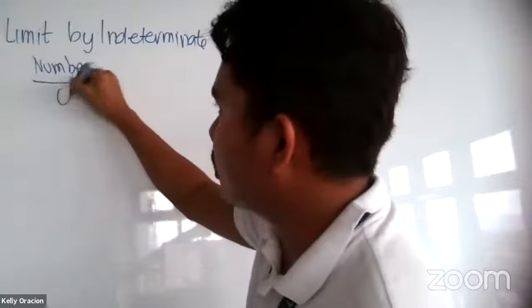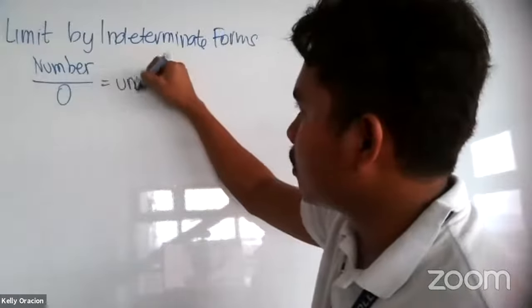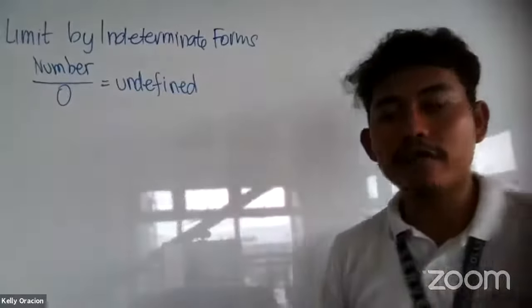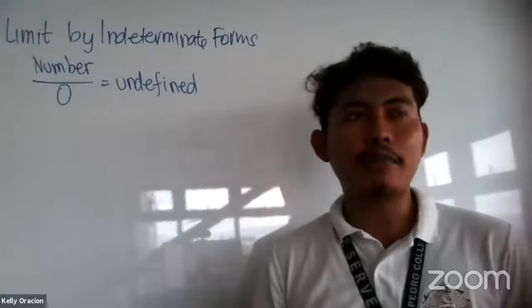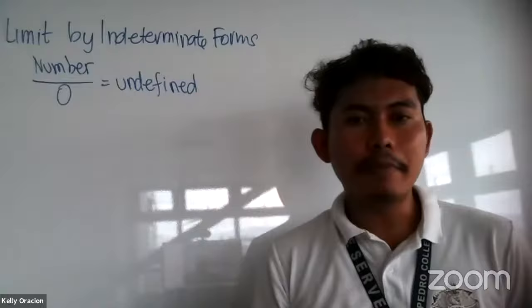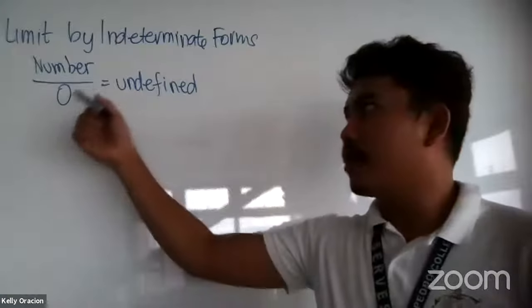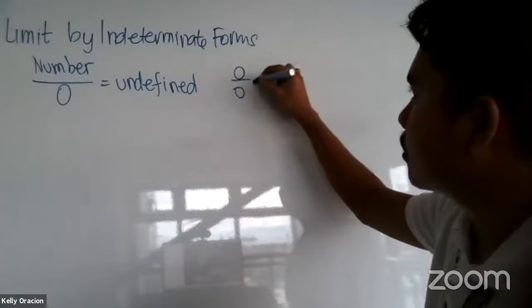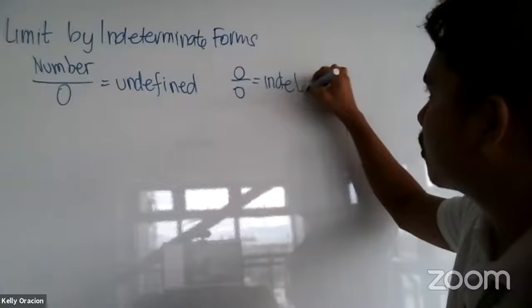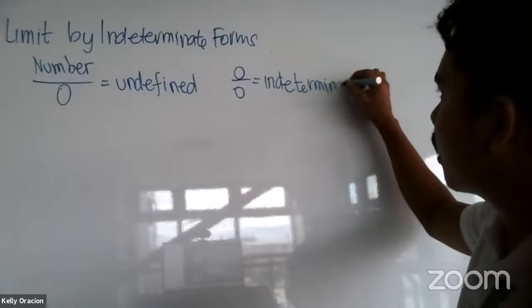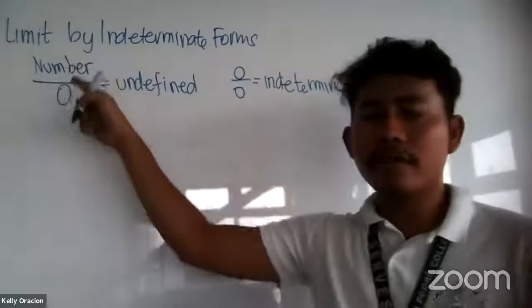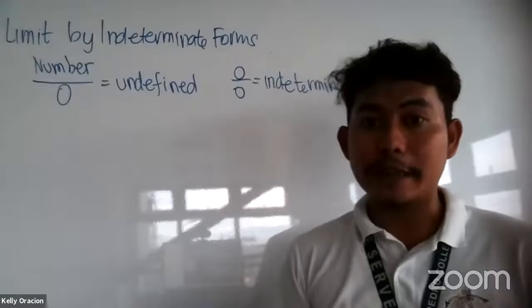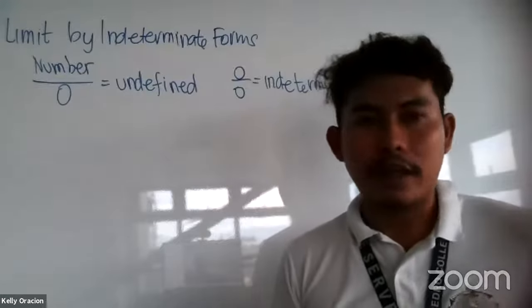Number over 0, the answer is undefined. Any number except 0 divided by 0 is undefined. 0 over 0 is indeterminate. So please take note of that one.